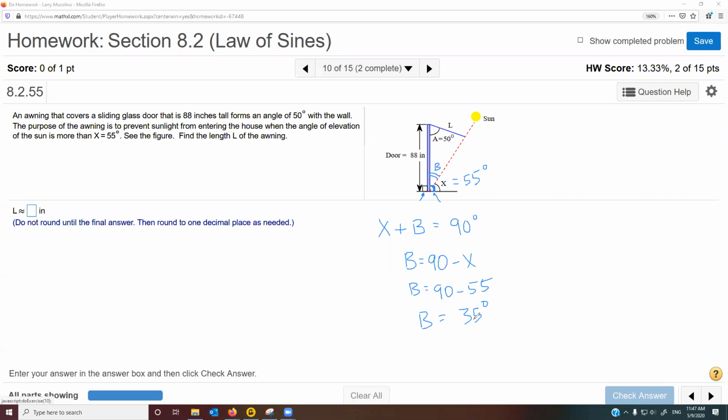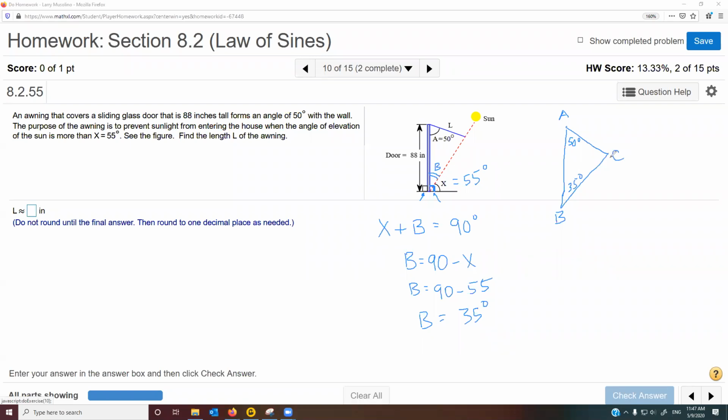Okay, so let me draw a diagram to clarify our triangle here. So I'm going to draw a triangle like this. We know this is angle A, 50 degrees. We know this is angle B, 35 degrees.